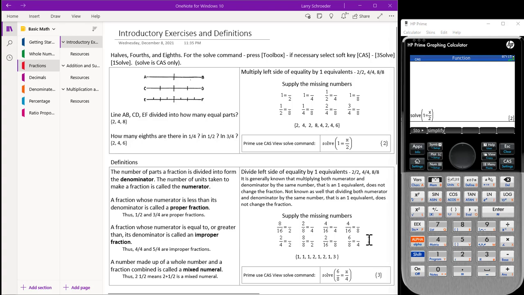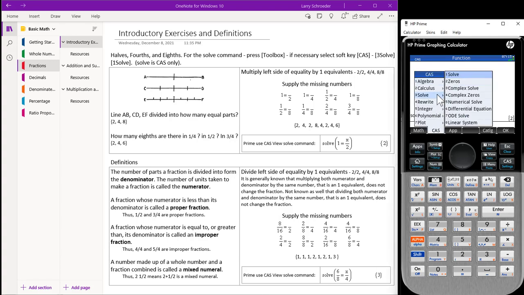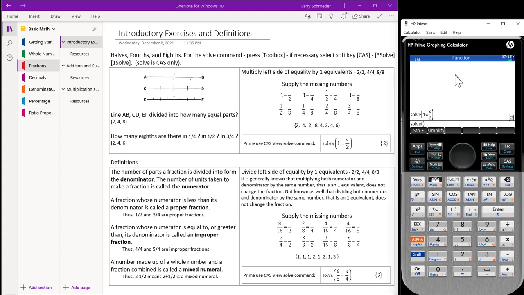Demonstrating this last problem using CAS Solve, the computer algebra system. Toolbox, solve, solve. We want 6 over 8, so 6 divided by 8. Move it out of the denominator, so we'll use the pad here.